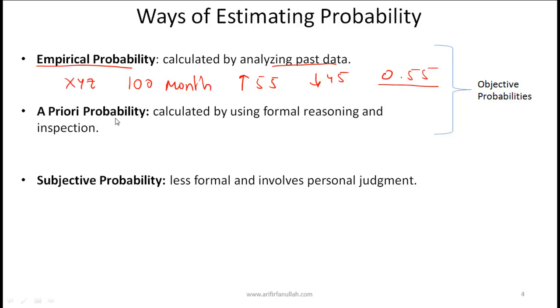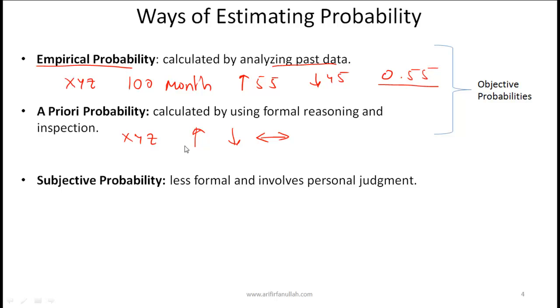A priori probability is calculated by using formal reasoning and inspection. A small example here would be, let's continue with XYZ stock. You can say either it will go up or it will go down or it will stay the same.